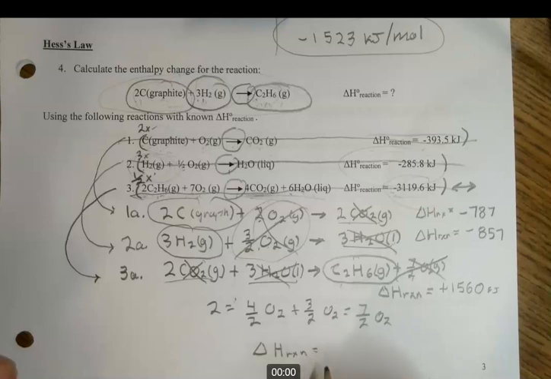That's going to equal negative 84 kilojoules, and since it's a formation reaction, it's for 1 mole of the ethane, so it's per mole. Okay, and there you go.